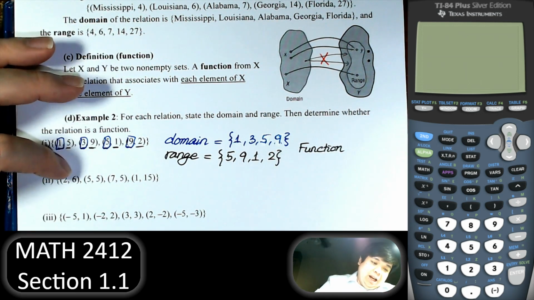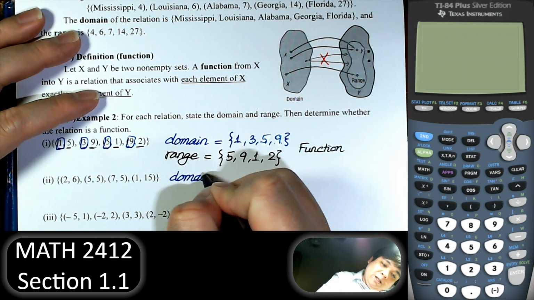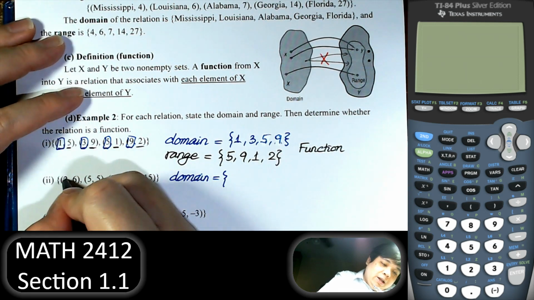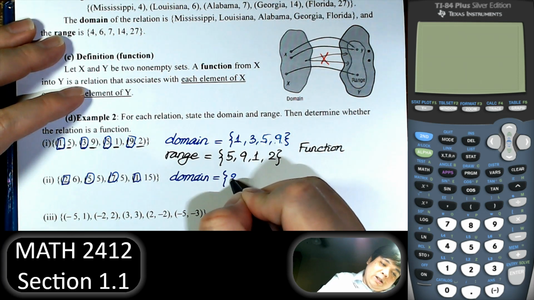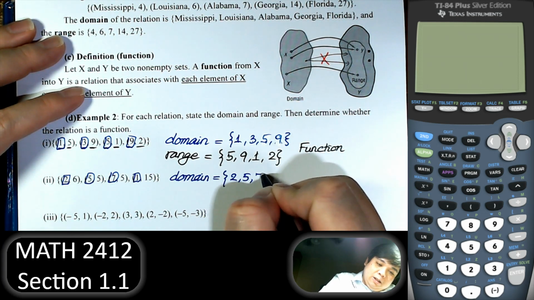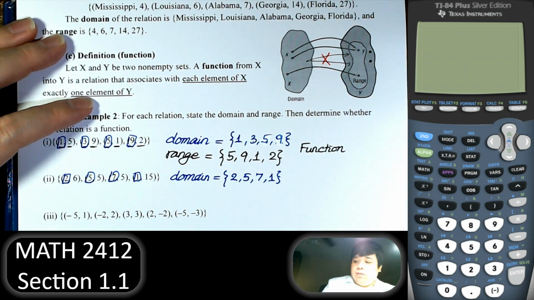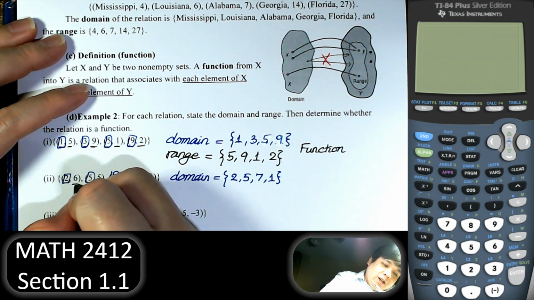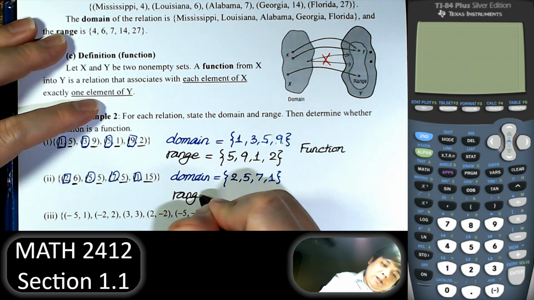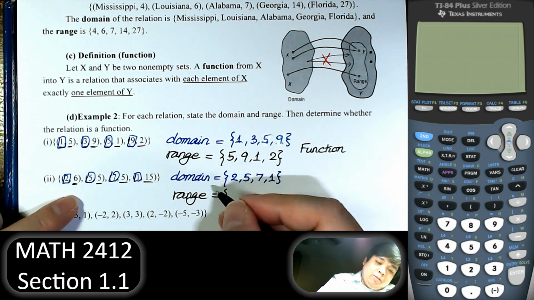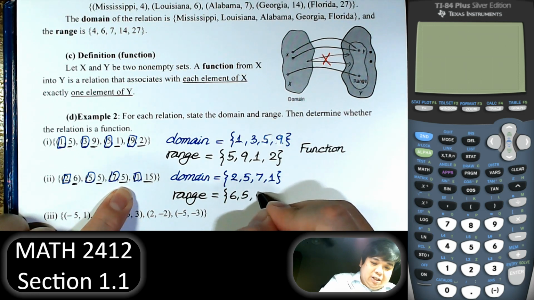Next, write the domain and range here. The first components are 2, 5, 7, and 1. And the range is the second components: 6, 5, and 5 again, which we don't need to write, and 15.